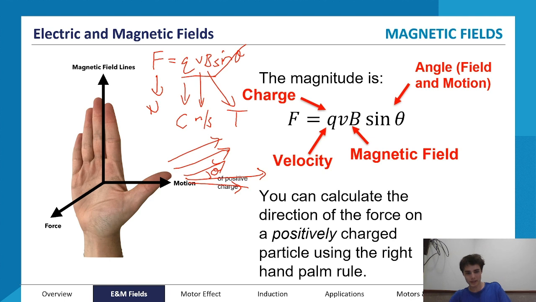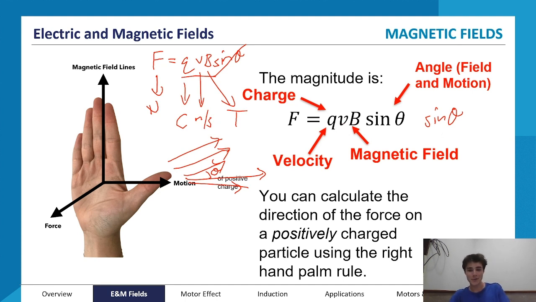The angle between these two, that little theta here, is going to be the angle in that sine theta. As a result, if you're decently comfortable with your maths and trigonometry, you may notice that sine theta starts at 0 when the angle is 0, and then slowly grows up to 1 as the angle increases to 90 degrees.